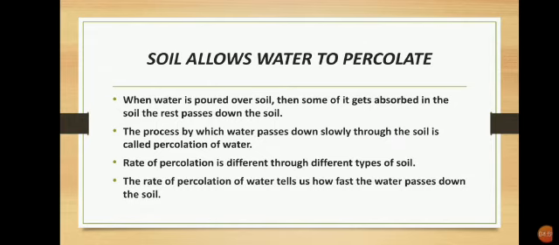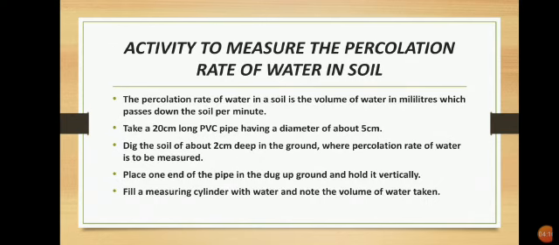Once again, the percolation rate of water in a soil is the volume of water in milliliters which passes down the soil per minute. That is where the time comes in, the water passes down per minute.